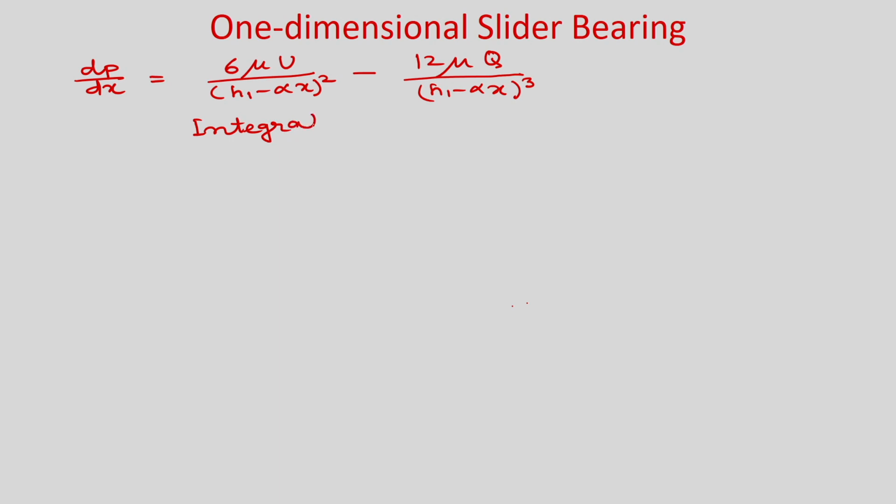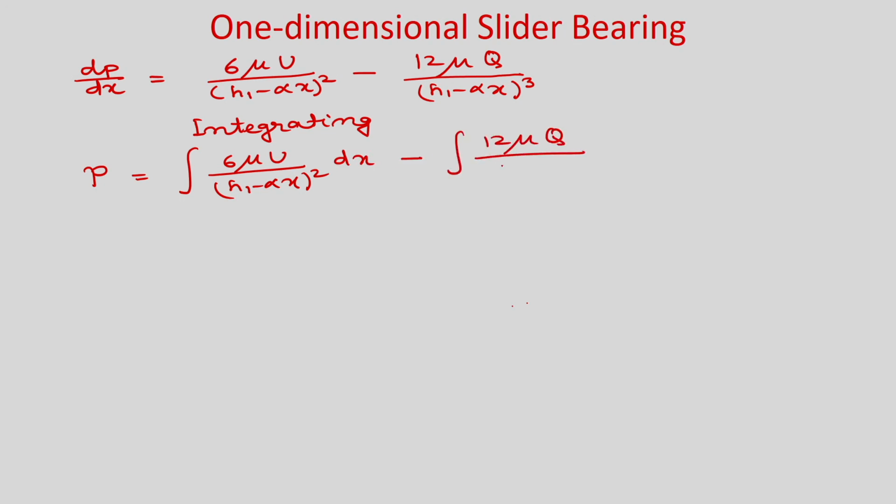After integrating, you will get p is equal to integral 6 mu u by h1 minus alpha x whole square dx minus integral 12 mu q divided by h1 minus alpha x whole cube dx plus some constant c.